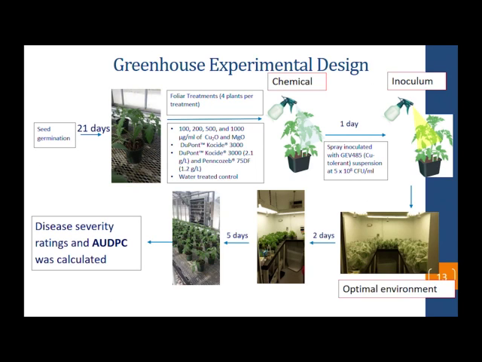We spray them a day before we inoculate the plant to let it dry, and then we inoculate the plant with the copper tolerant strain of Xanthomonas perforans, and then we bag them to create an optimum environment, unbag them, rate the disease severity, and then calculate the area under the disease progress curve.